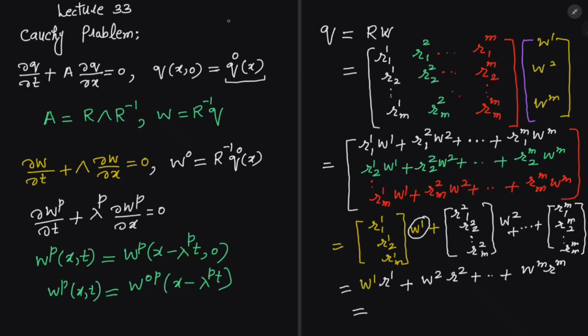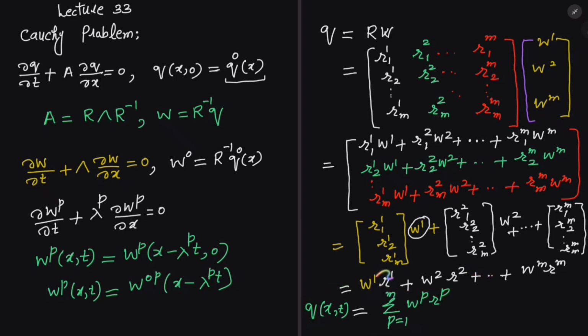So we write this as the sum over p, since we will call this wave p, from 1 to m, of wp rp, and on the left hand side we have q(x,t). That's how you write the solution.